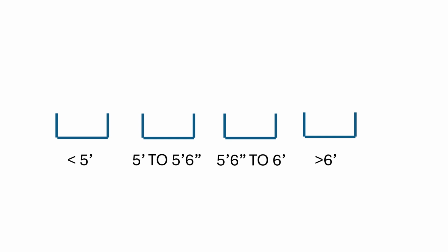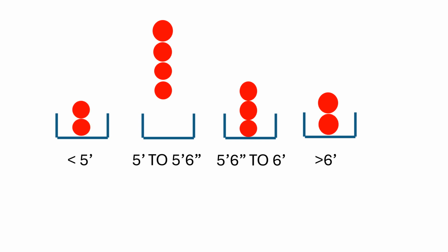So now what we do is we start measuring the heights of the people and we start placing them into the bins which suit their height. So here now our exercise is finished.